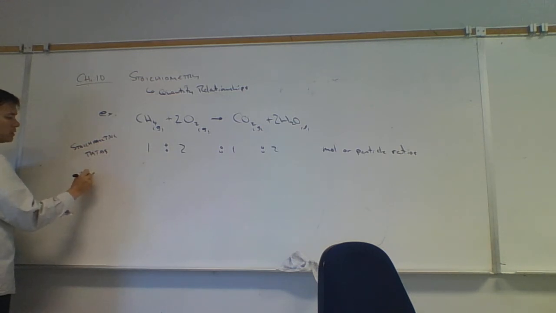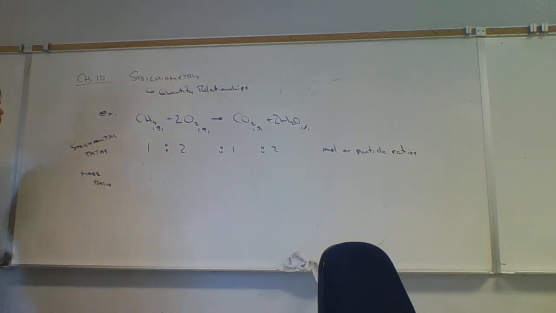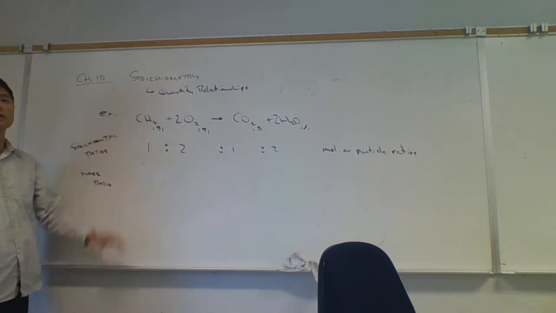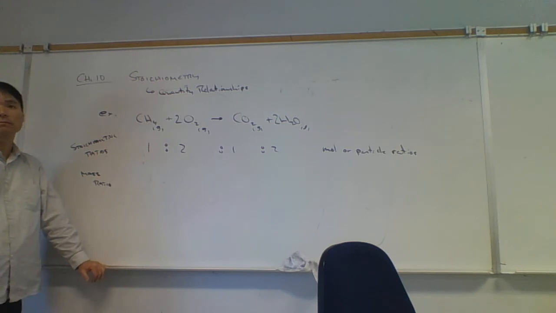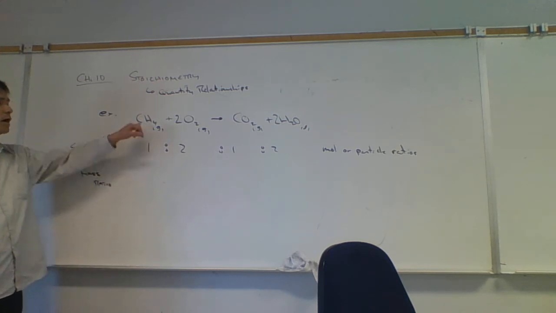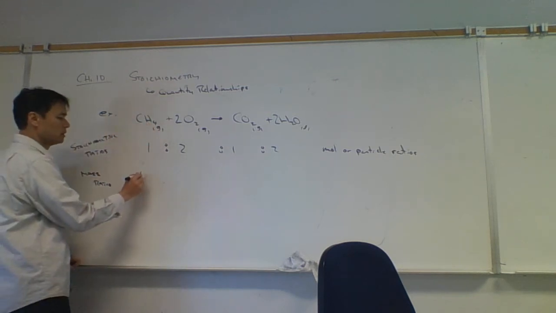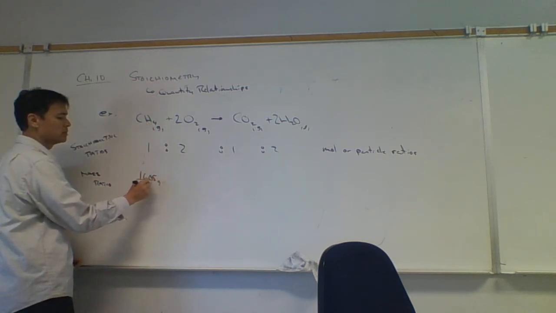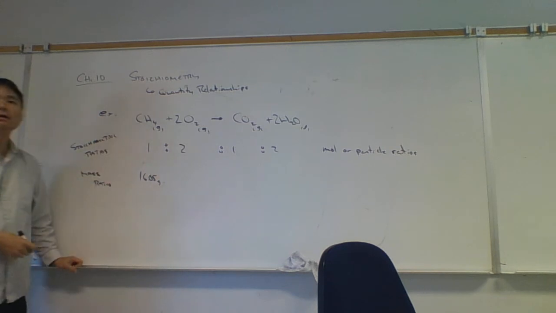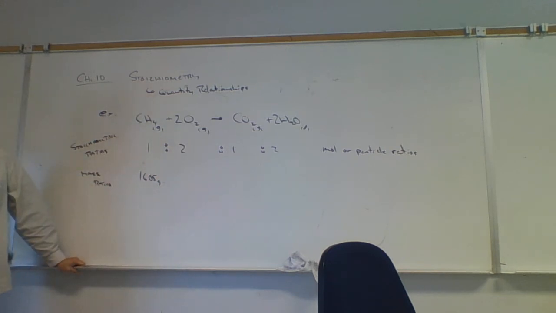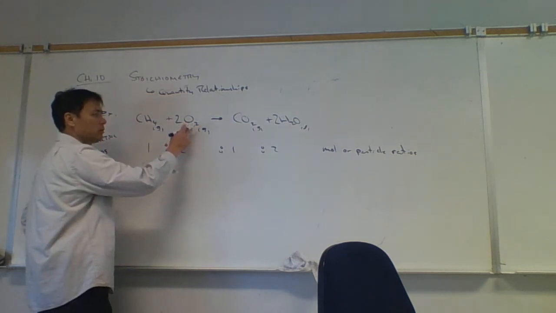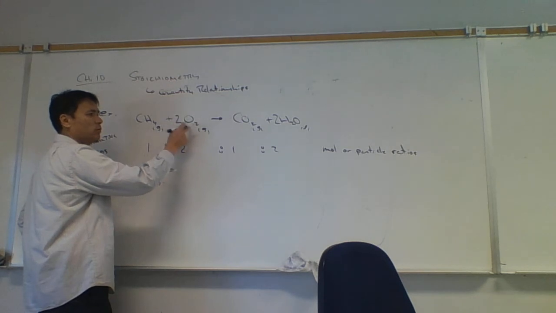If we look at the mass ratio, then maybe you have it memorized. What's the average mass of a carbon? 12.01. Hydrogen is 1.01, so four of them is 4.04, so 16.05. 16.05 grams is 1 mole of methane. What's the average mass of an oxygen? 16.00, which means 2 of them is going to be 32, which means 4 of them will be 64.